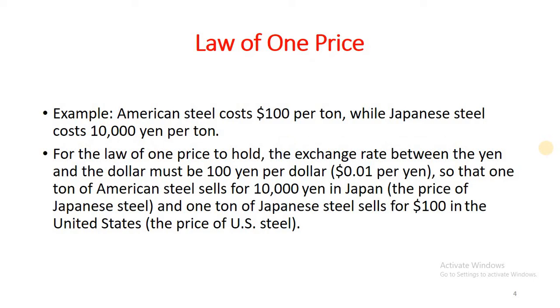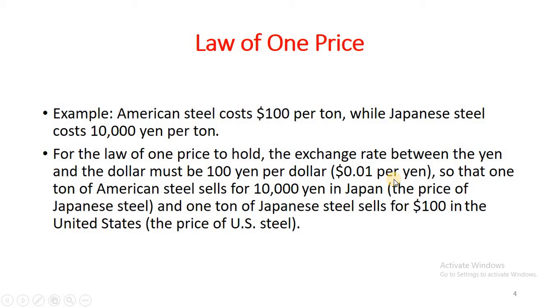Let's look at an example of law of one price. Here, American steel costs $100 per ton, whereas Japanese steel costs 10,000 yen per ton. In this case, based on law of one price, exchange rate between yen and dollar must be 100 yen per dollar, or that means $1 is equal to 100 yen, or $0.01 per yen.